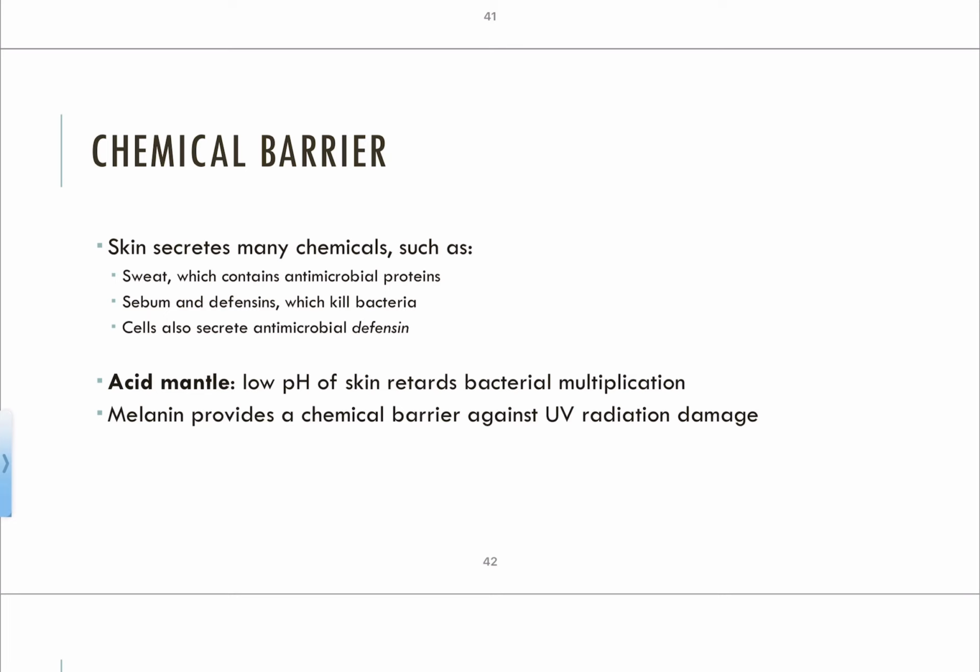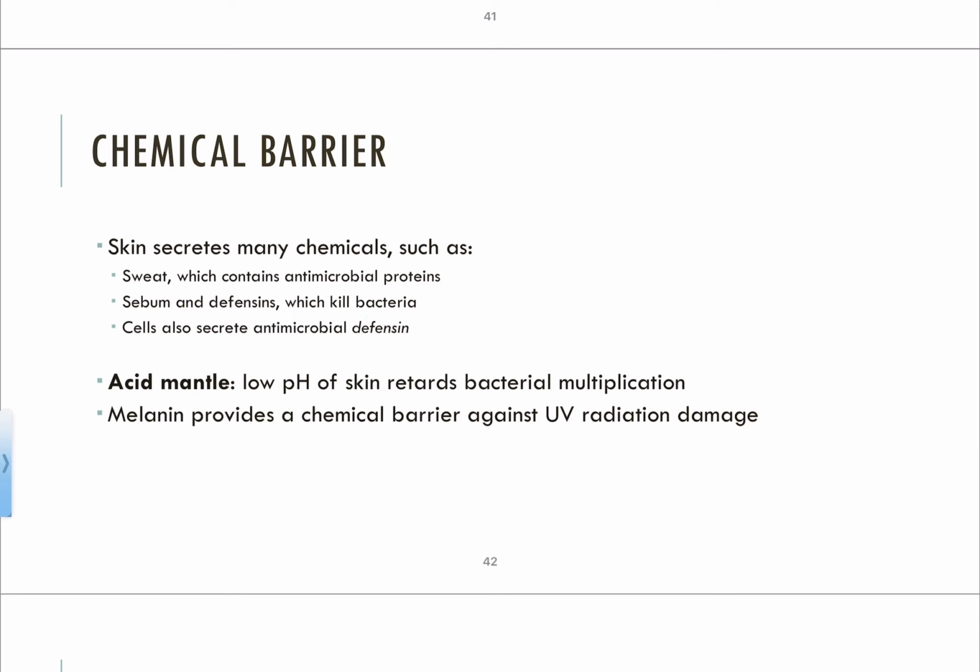When we talk about our sebaceous glands, those are going to secrete sebum. And we also have defensins, which can also kill bacteria. So basically, these just poke holes into the plasma membrane of bacterial cells, causing them to lyse. And we can also secrete other antimicrobial proteins as well.